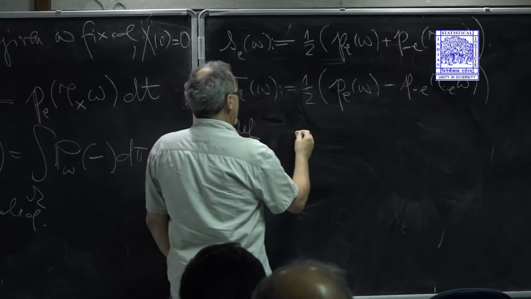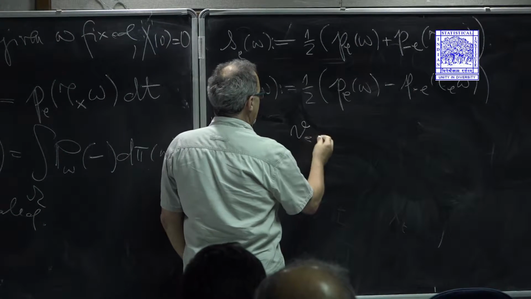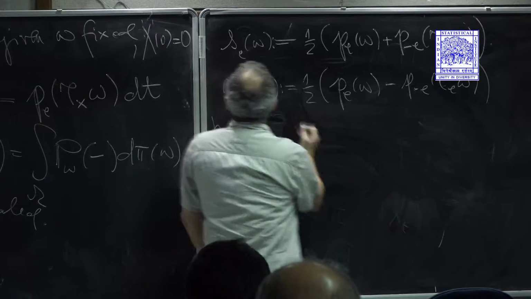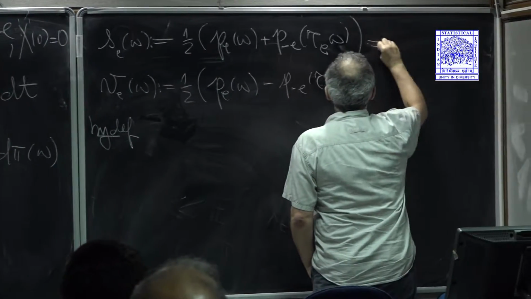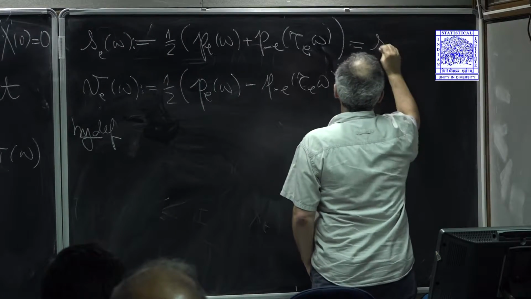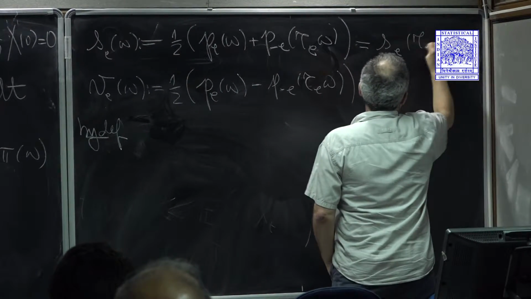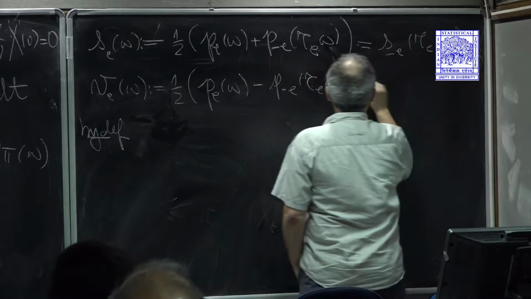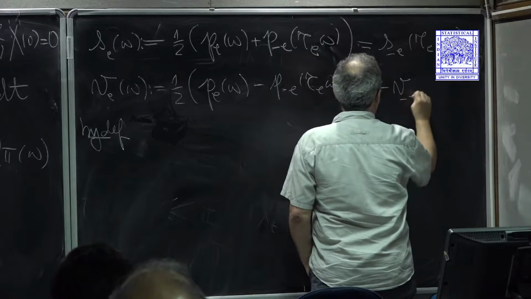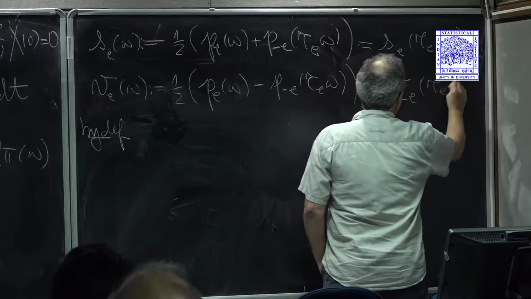we have V_e, of course. This is equal to S minus e tau_e omega, and this is equal to minus V minus e tau_e omega.